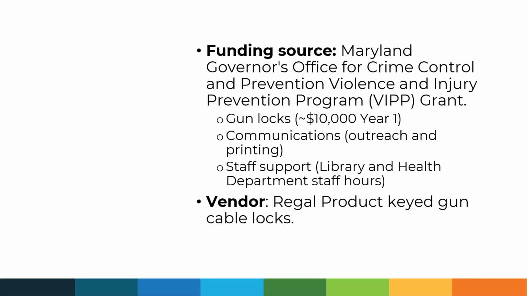So there are a number of us who work on it, but we don't have a huge staff dedicated to the gun violence work. So I think that's important for folks to understand. Now we're up to 2, which is very exciting. And the vendor is listed here as well if folks are interested. But these are just some things to consider if you're interested in implementing.